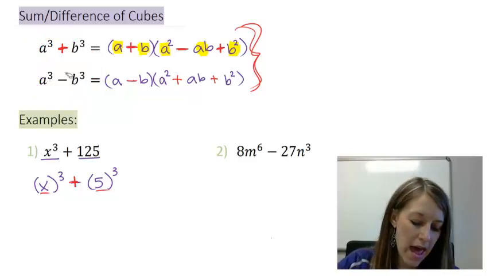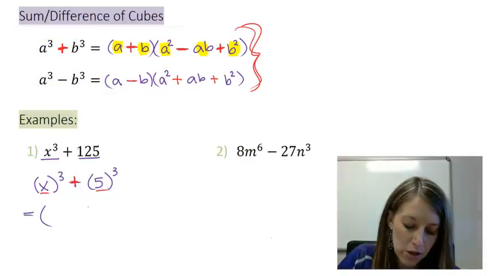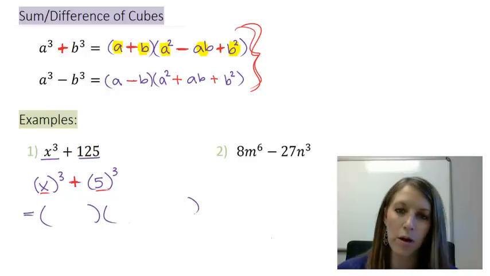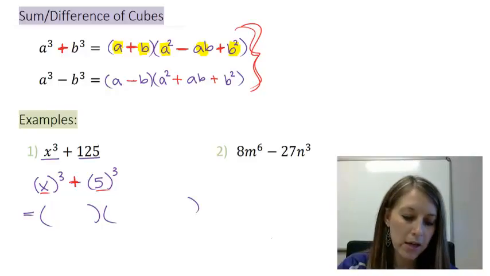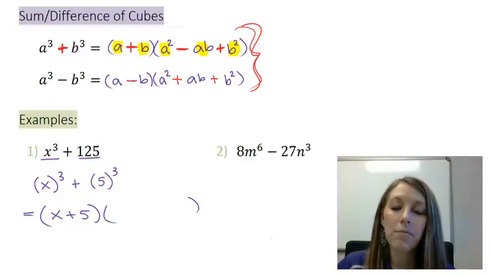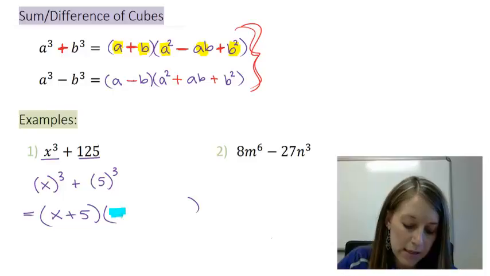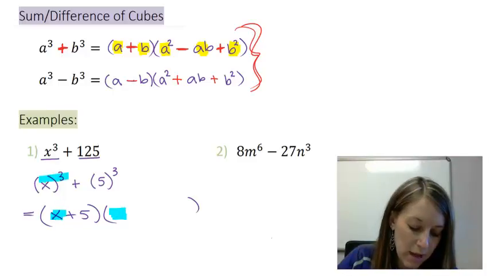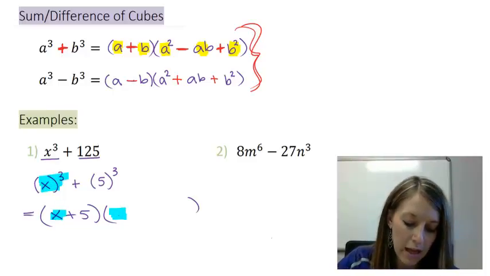So let me go ahead and set up my formula. Short parentheses and long parentheses. In my short parentheses, I take exactly what I have with the exception of the cubes, and that's what I put there, x plus 5. In my long parentheses, I need something times x to give me x cubed, and so that gives me x squared.